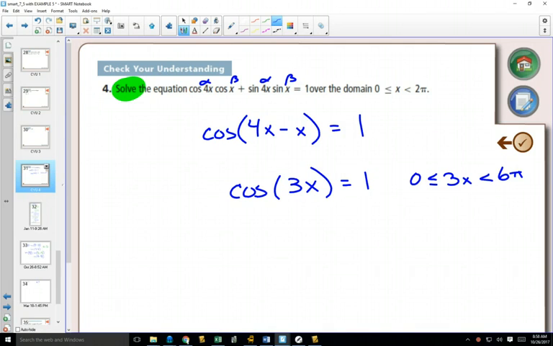Then we look at cos 3x equals 1. Okay? This 3x is inside of the cos function. You are not allowed to divide both sides by 3 because it's inside of the function. When you learned your order of operations way back in grade 8, some of you might have learned BEDMAS. Do you remember that?